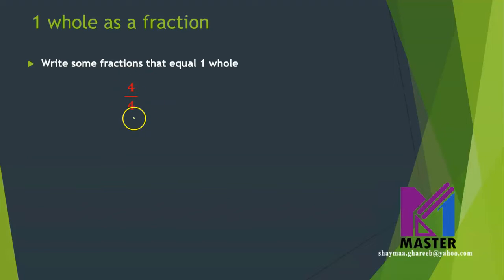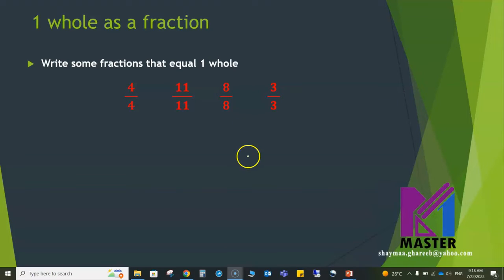Fraction 4 over 4 or 4 quarters equals 1 whole. 11 over 11, 11 elevenths, equals 1 whole. 8 over 8, 8 eighths, equals 1 whole. 3 over 3 equals 1 whole, and so on. So how many fractions can we write? We can write an infinite number of fractions that equal 1 whole, okay?